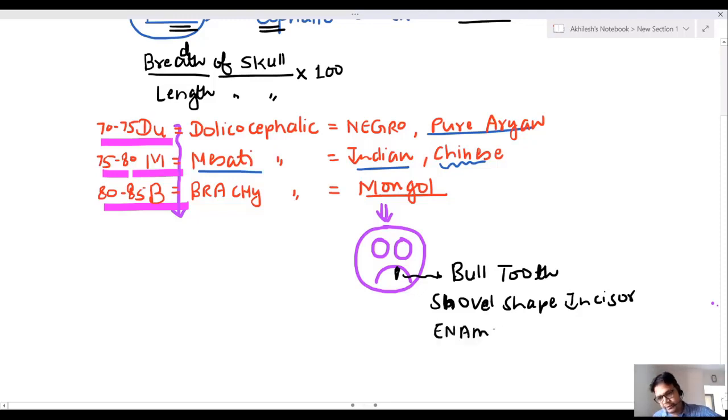These are three important features of the teeth of Mongol: bull tooth, shovel shaped incisor, and enamel pearls.